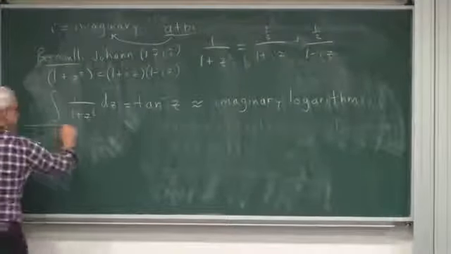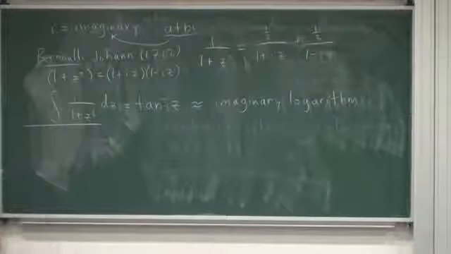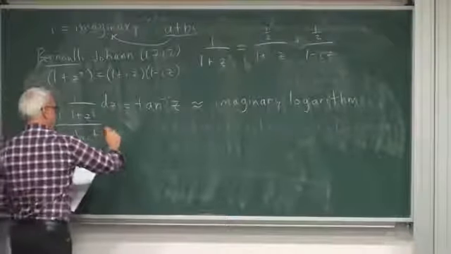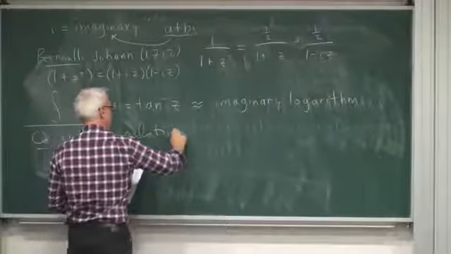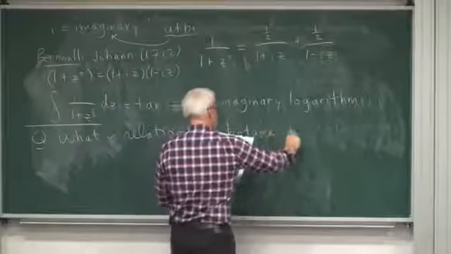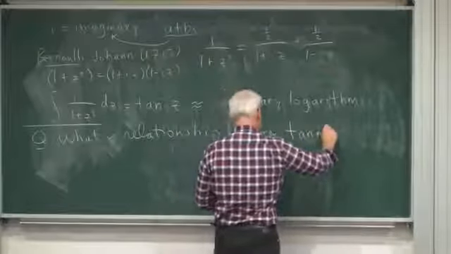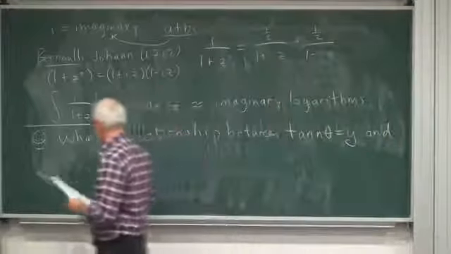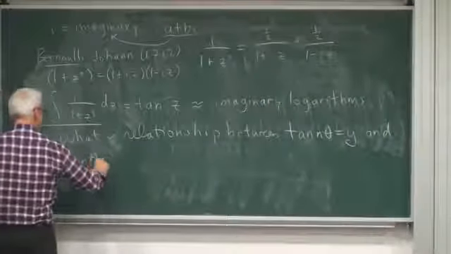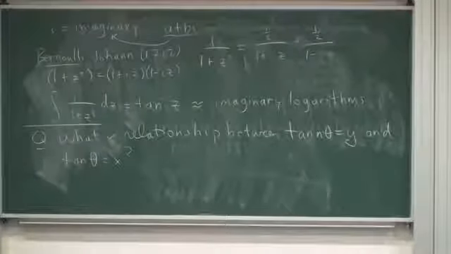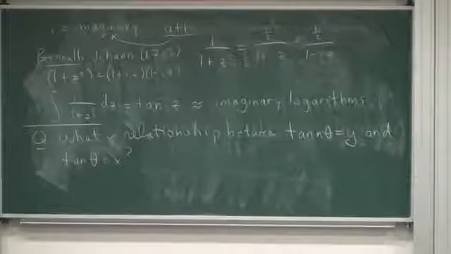And in a related analysis, he had a look at the following question: what is the relationship between tan of n theta, let's call that y, and tan theta, let's call it x? So how do you write a formula for tan n theta in terms of tan theta?